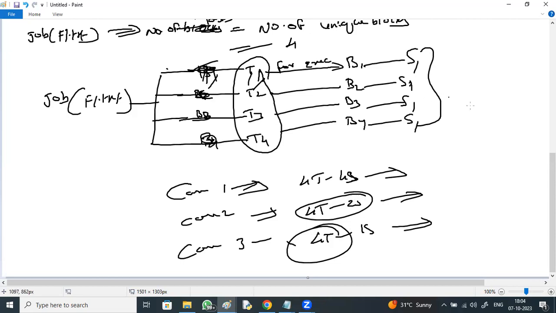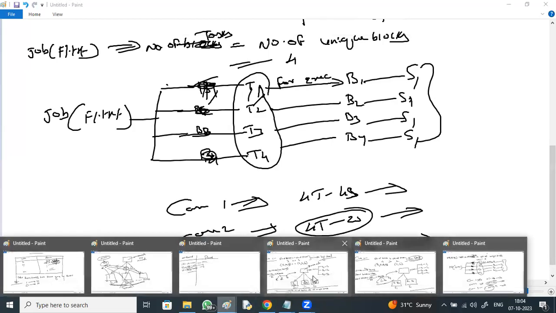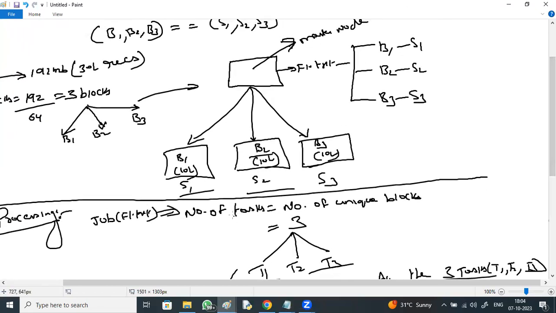Okay, now if I come back to this case 1, 3 blocks B1, B2, B3 are executed by the 3 slaves S1, S2, and S3.